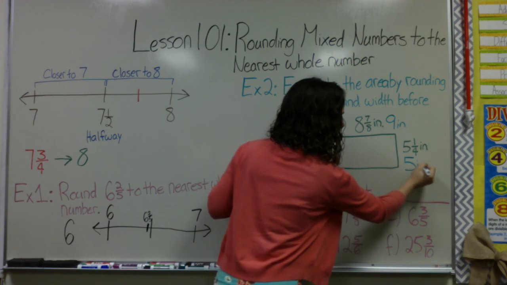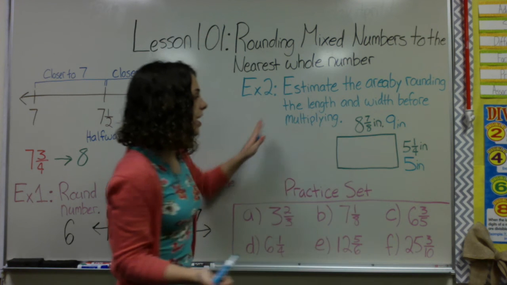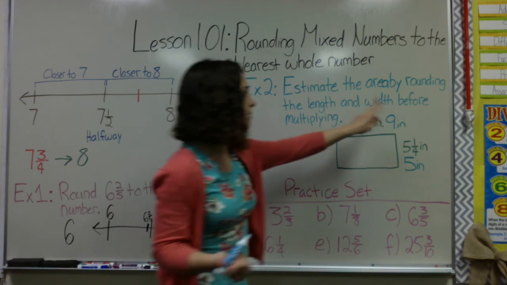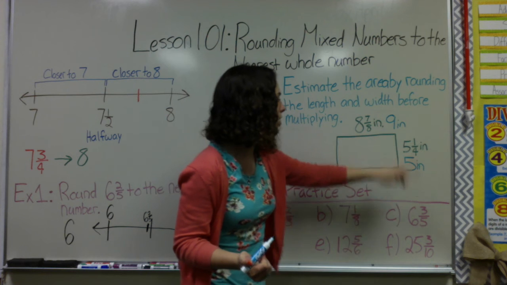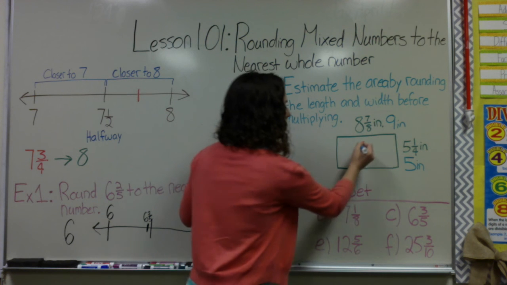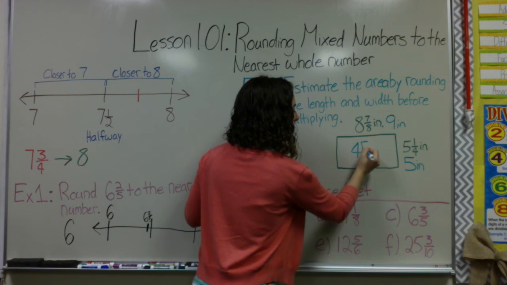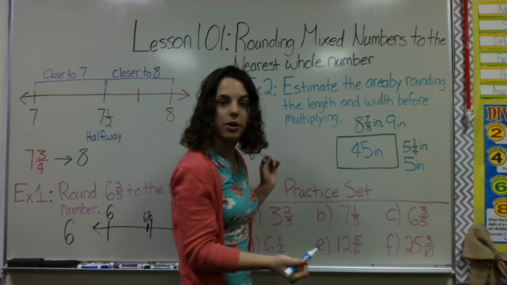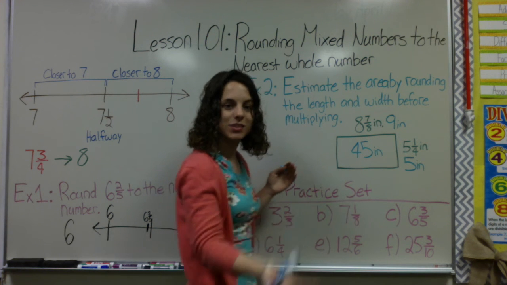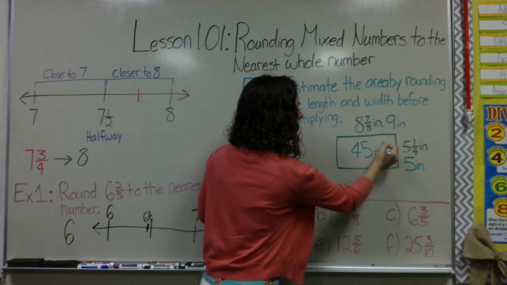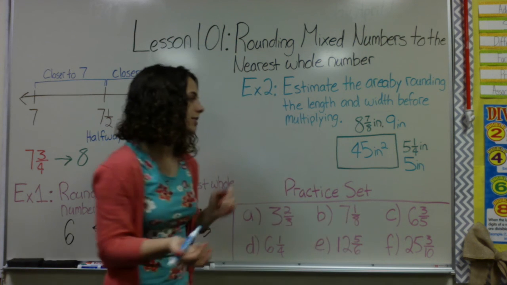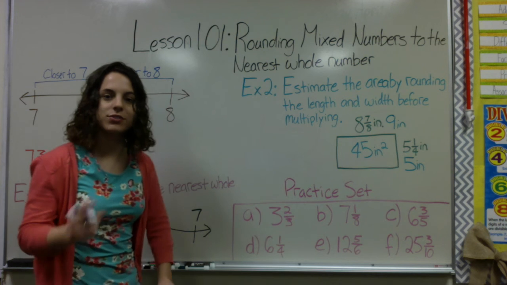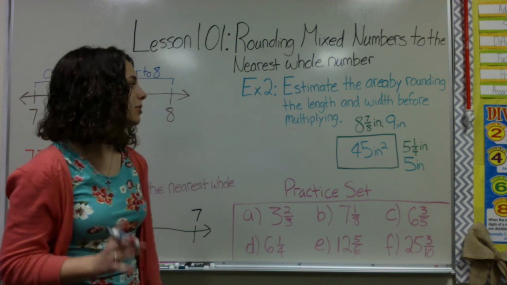So I have 9 inches and 5 inches. And when I find area, I multiply length times width. 9 times 5 is 45. And remember, since it's finding area, the label is inches squared, or square inches. So 45 square inches needs to be labeled correctly.